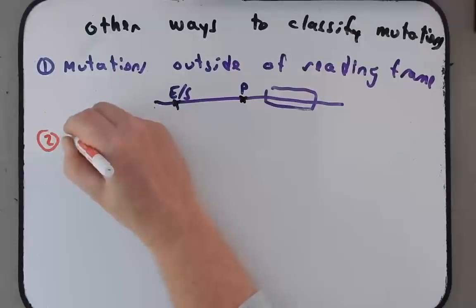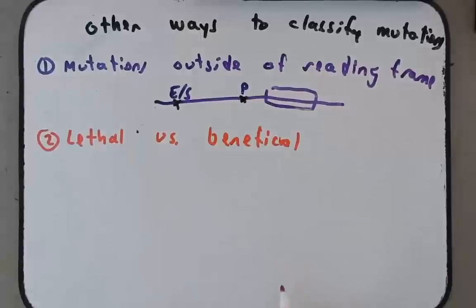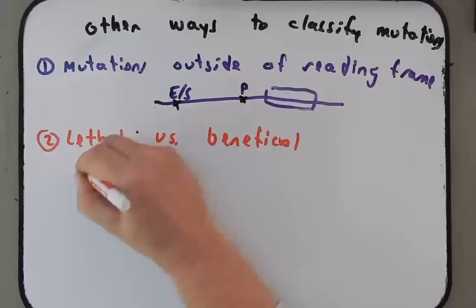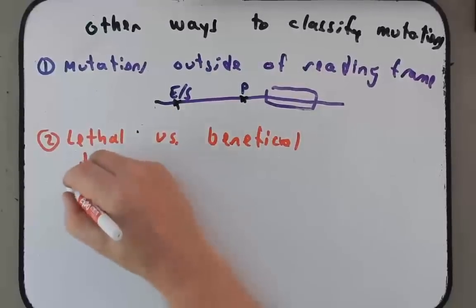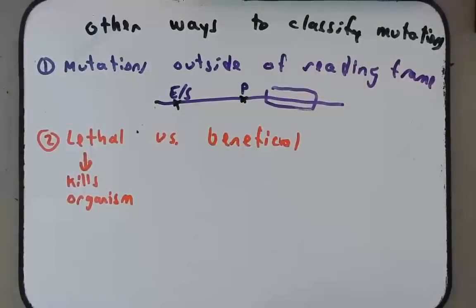The next thing I'm going to talk about is just the terms lethal versus beneficial. We often think about mutations having a negative effect, and of course, if you think about a lethal effect, that's the most negative effect. So this is a mutation that kills the organism. It is an essential gene, and when you mutate an essential gene, the effect is often lethality.